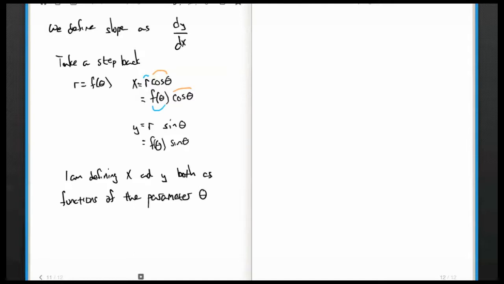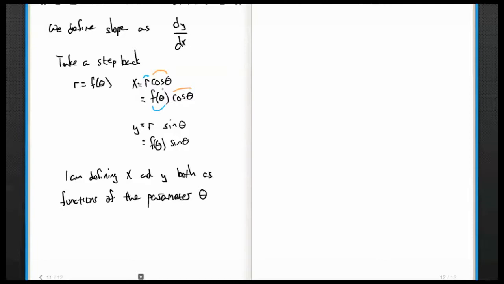And so the other day, in class, for those of you who are in the class, we talked about how we have to be very careful about messing up theta being a parameter or theta being an angle. Now I'm saying that theta actually is a parameter. And so we always have to keep that straight.